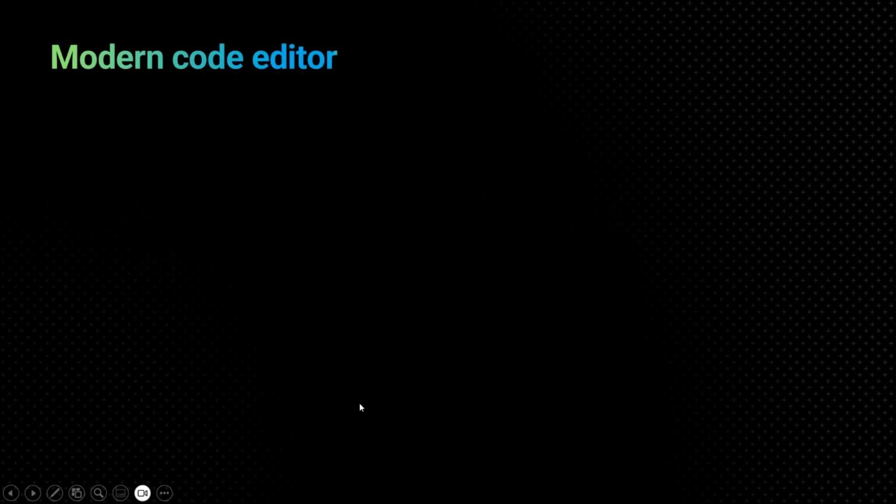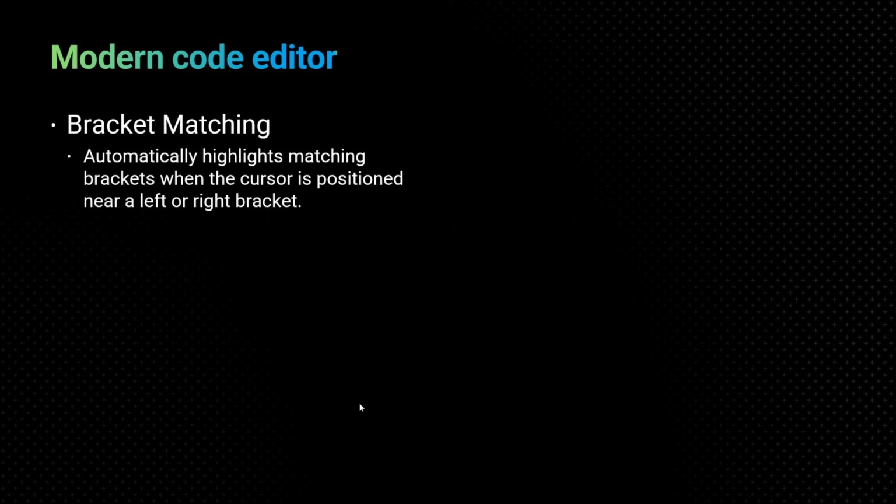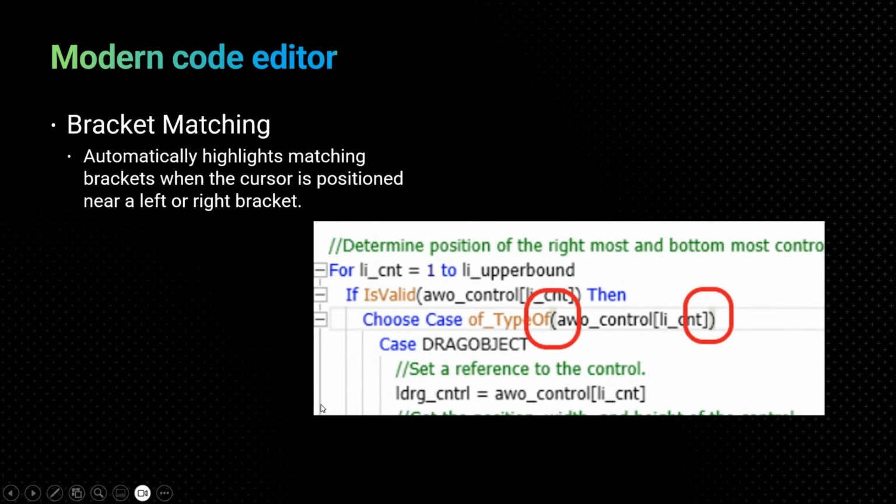Okay, so that was the new compiler and solution. Let's look at the modern code editor. One of the features in the modern code editor is bracket matching. It's a little hard to make out, but there's a little gray square around that first parenthesis and around that last parenthesis, and my cursor is at one of those.